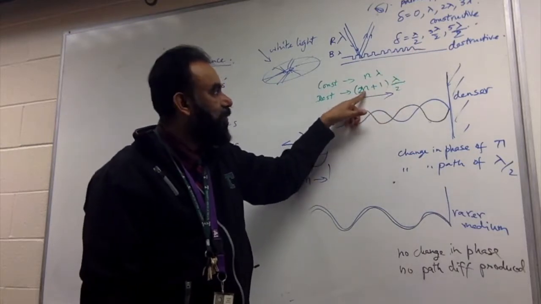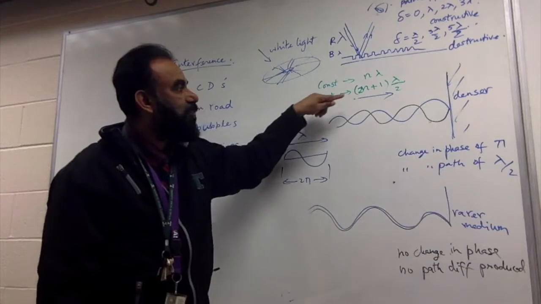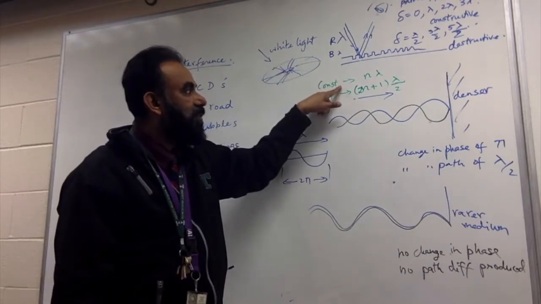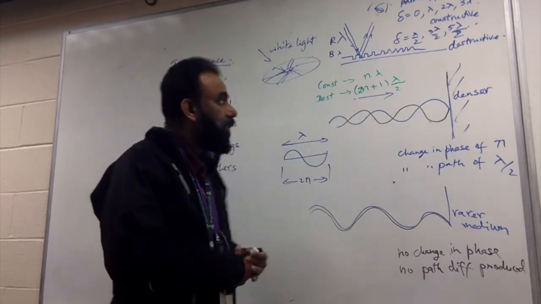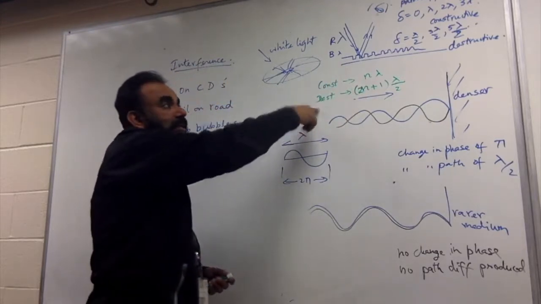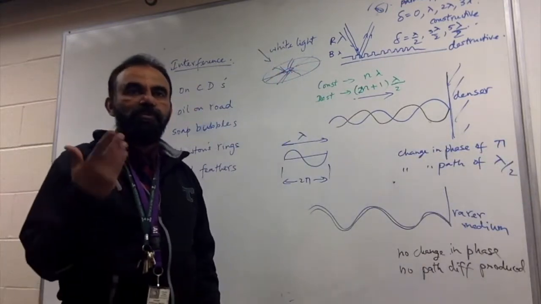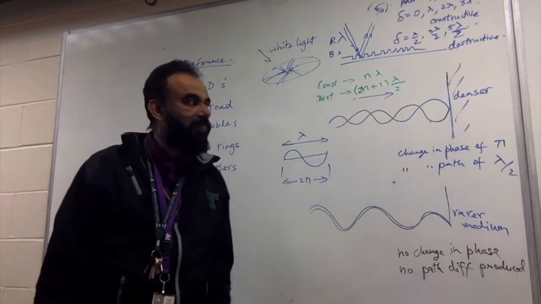When n is 2, it's going to be 5 lambda over 2. Okay, get it? So this is the path difference required for destructive interference to take place, and this is the path difference required for constructive interference to take place. Now this is in terms of path. In terms of phase, it's going to be in terms of pi. So if you're going to talk about phases, it won't be in terms of lambda, it will be in terms of pi.